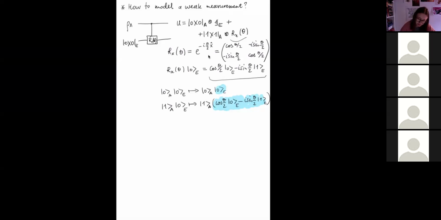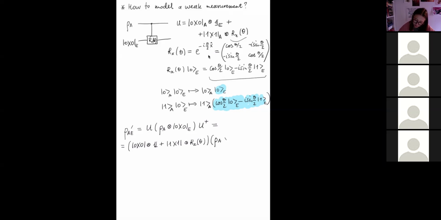Okay, so now let us do the same procedure as we did before. So let us calculate rho AE prime, which is the state of these two systems after applying the operation U. And again, it will be U (rho A tensor product |0><0| on E) U dagger. Okay, let's write it out. U is |0><0| tensor product identity plus |1><1| tensor product Rx theta.